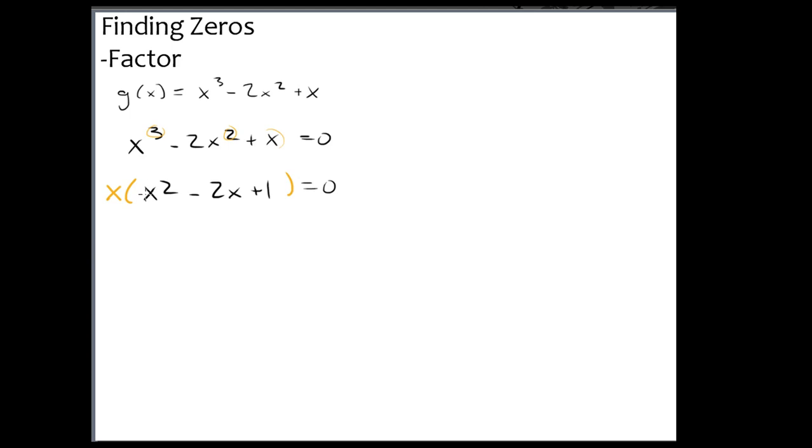Oh, this bit in the parentheses here, I certainly know how to factor that. I recognize it. I know that x minus 1 times x minus 1 is equal to x squared minus 2x plus 1.